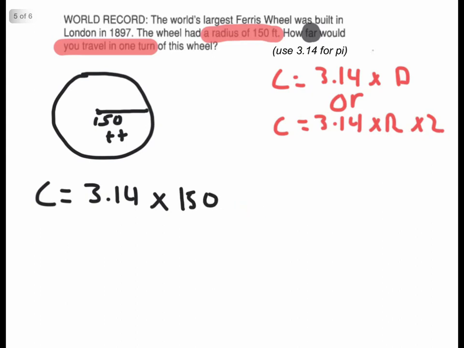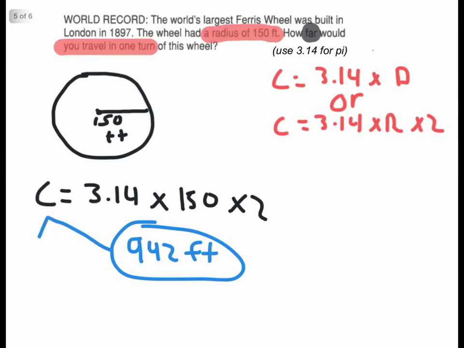So by 2 here. And when you do that, you're going to go ahead and get 942 feet. Now since that's a distance around, we're not talking squared inches, so it's just feet, so it's just 942 feet is my circumference, which answers the question. So it's 942 feet in one turn.